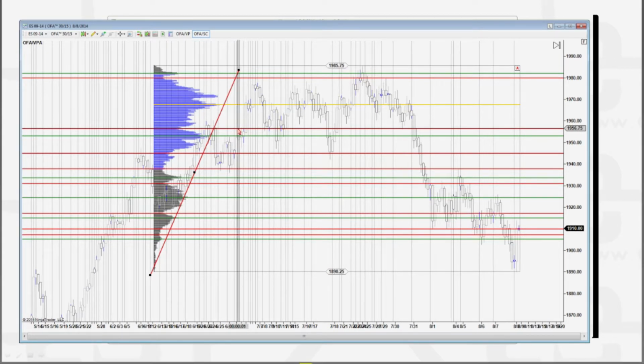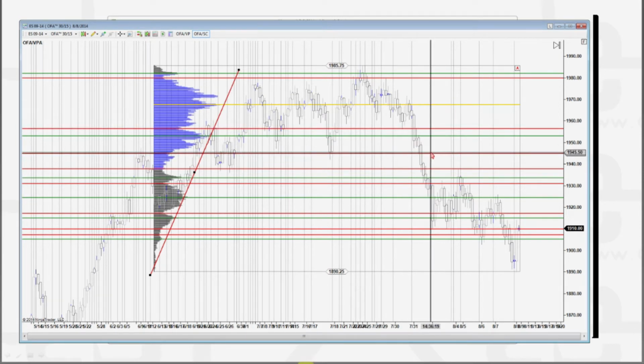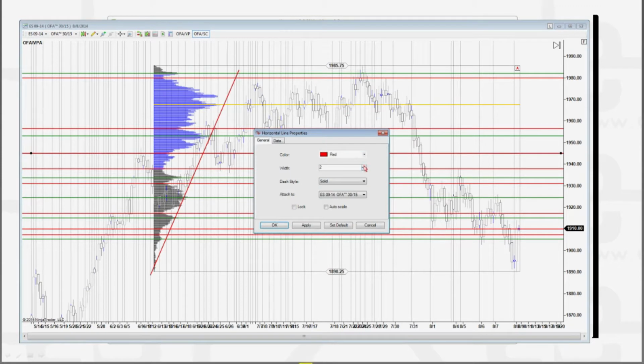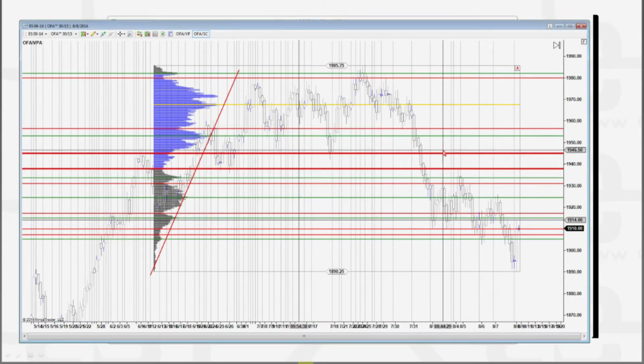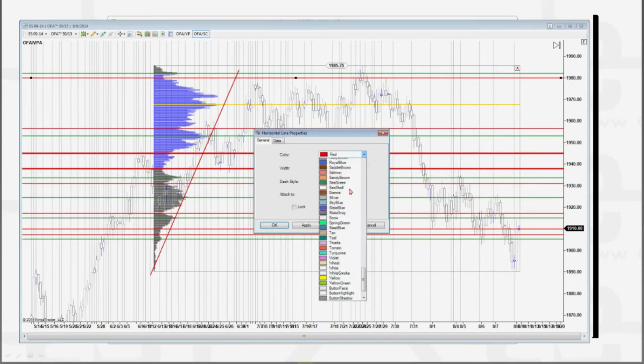So what we talked about was there is kind of a natural swing between this level. I'm going to make this a little bit bigger so it stands out. And what you're looking for in any market is these natural swing areas.